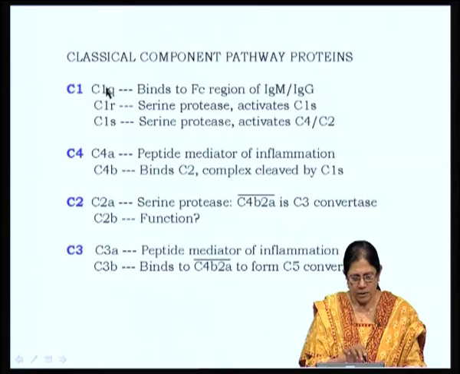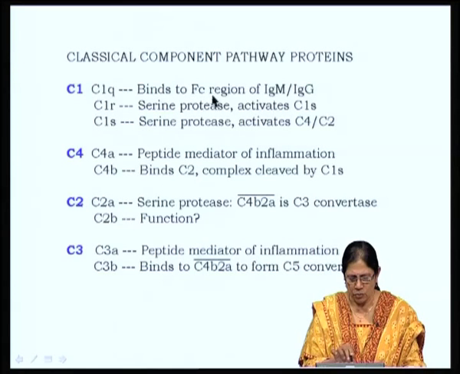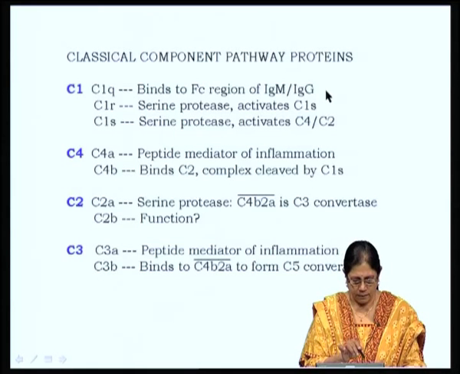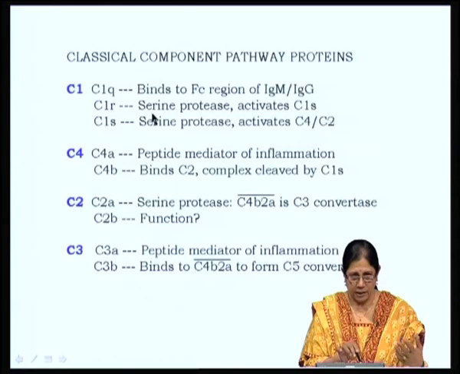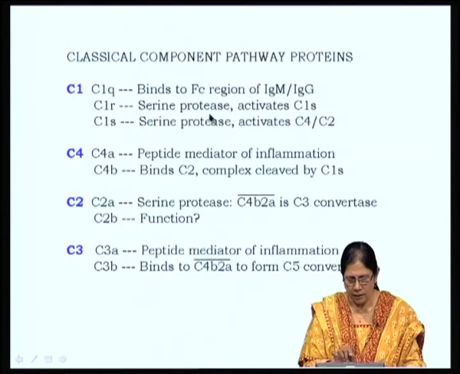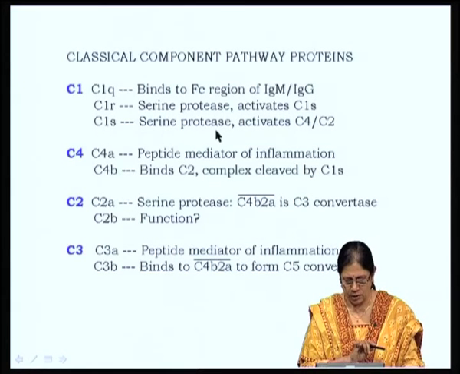C1 is initiated by binding to the Fc region of IgM or IgG. Upon getting activated by conformational change, it induces the serine protease C1r to activate C1s, which is also a serine protease.